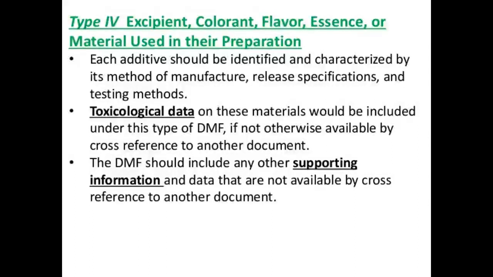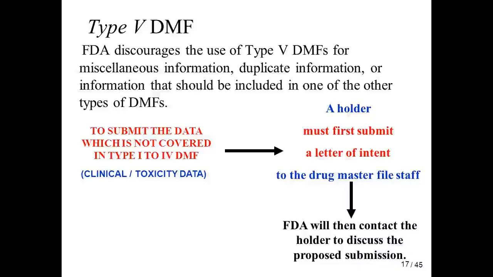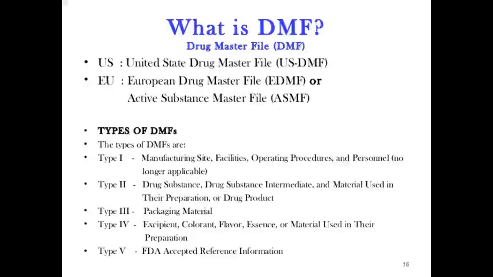Some other examples are flavoring included in medicine given to children, or alcohol in liquid. Type 5 is basically FDA accepted reference information that is not included in the other types of DMF. Finally, there is Type 1 DMF, which as noted earlier is no longer accepted by FDA. However, older ones remain on file.